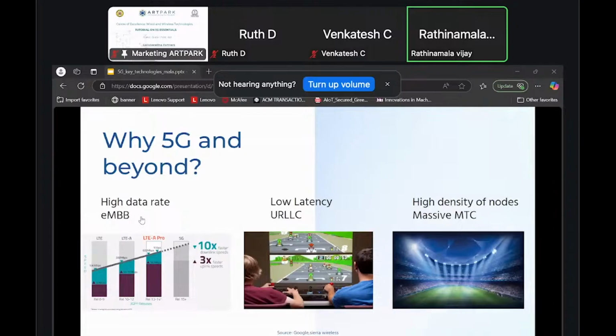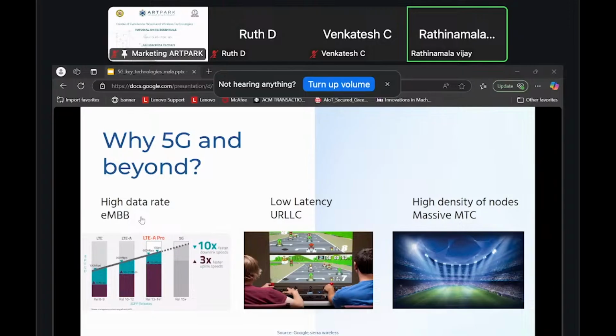As the number of IoT devices and mobile devices is increasing every year, the existing generation is not able to provide the coverage and handle the capacity. Also, several new services are needed by the users over time.